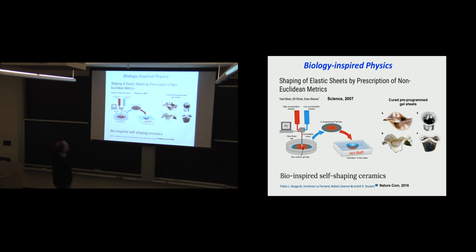Several groups actually, this particular paper comes from the lab of Eran Sharon in Jerusalem, demonstrated that by generating concentration gradients of a certain polymer, and then subsequently curing this polymer in a hot bath, they could generate differential swelling in this gel, and again control the shape of this embedded surface.